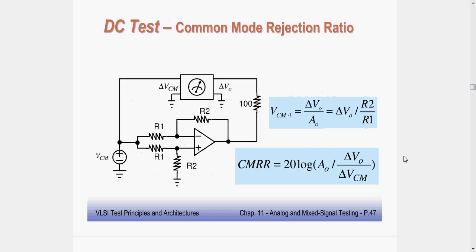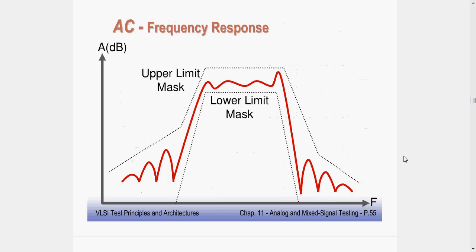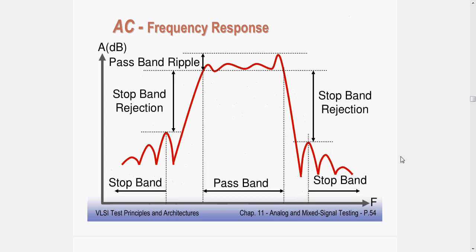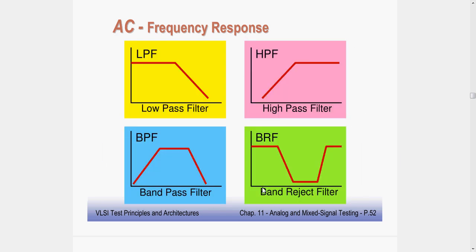So let me explain here. What is the ideal waveform? If you consider a band pass filter, it goes high and remains stable and it again goes low. There are no major fluctuations in this. This is the ideal waveform.